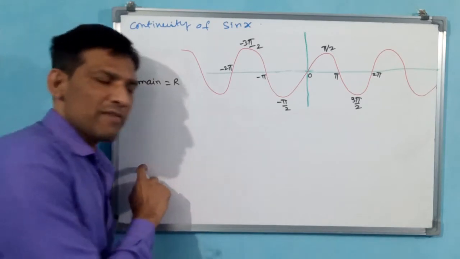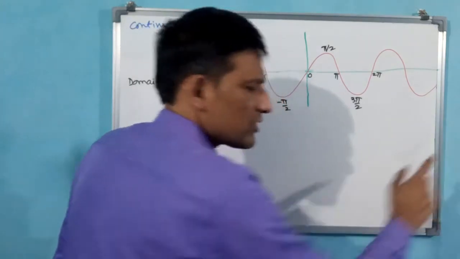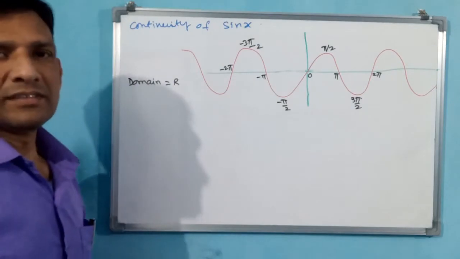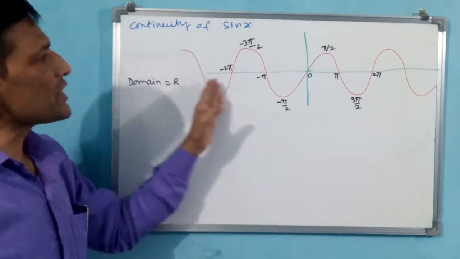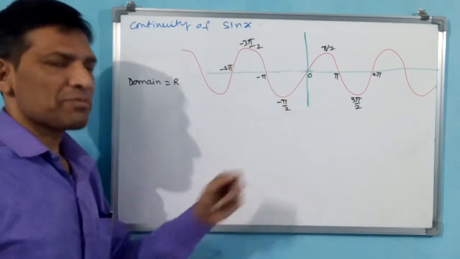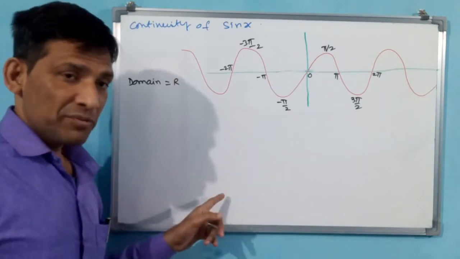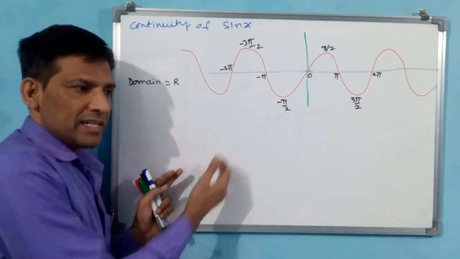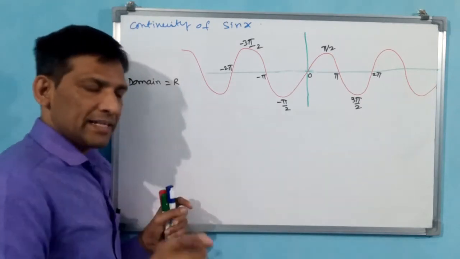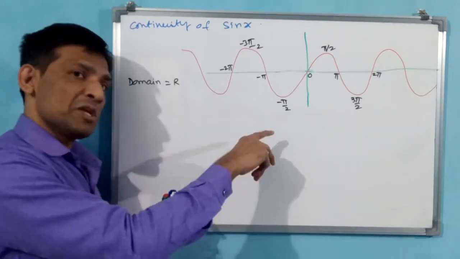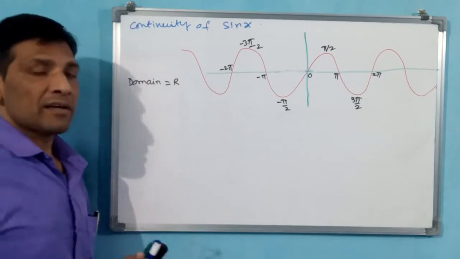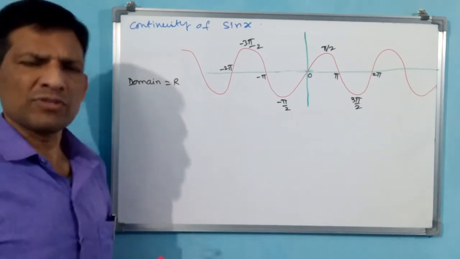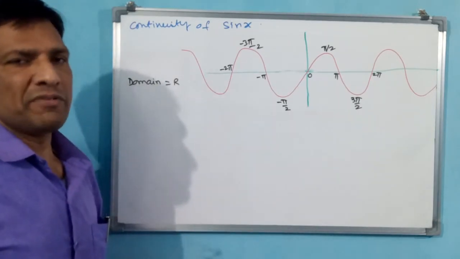See, like the constant function, how it gives values, a continuous graph. Like this only, continuously it is giving. There is no disruption. If any disruption is there, then we have to see the domain, whether they are putting any condition, like x is not equal to 0. If that is there, then even with the disruption, that function is going to be called continuous. We have seen this continuity for individual functions.